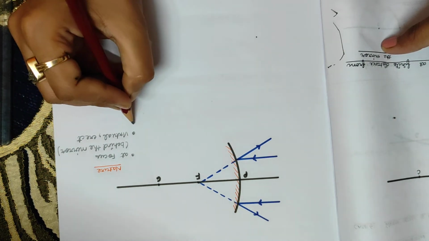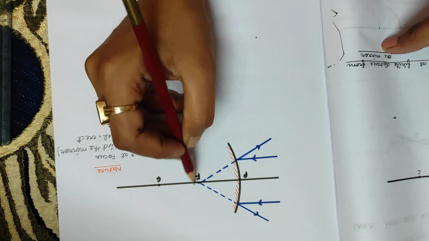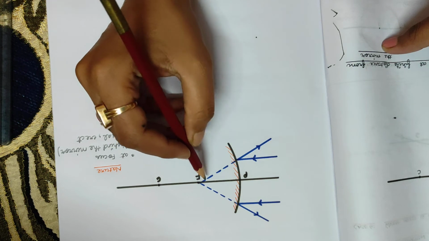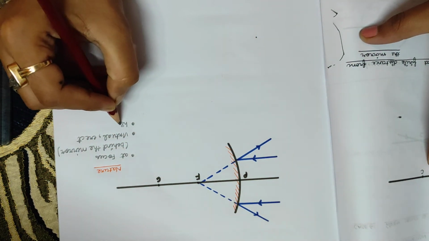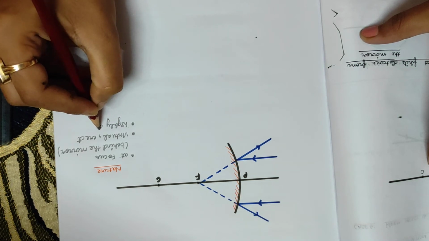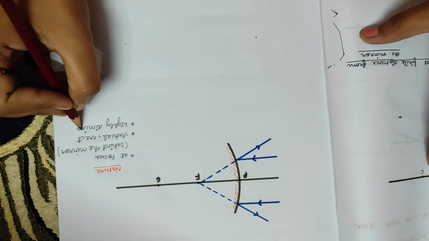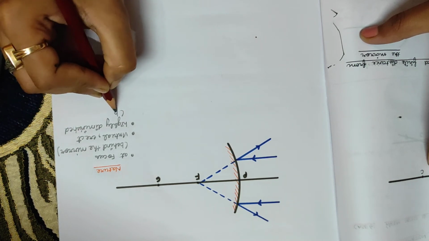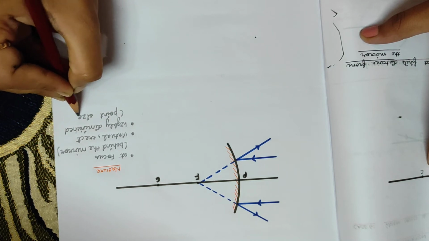Talking about the size of this image, we can say that the size of the image is highly diminished, or we can say the image formed is a point-sized image.